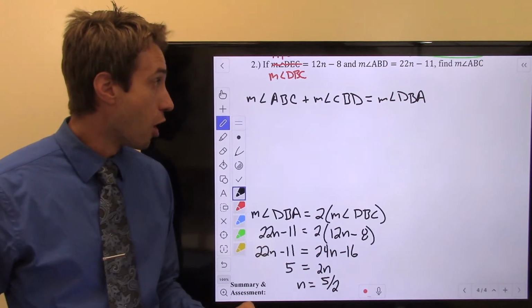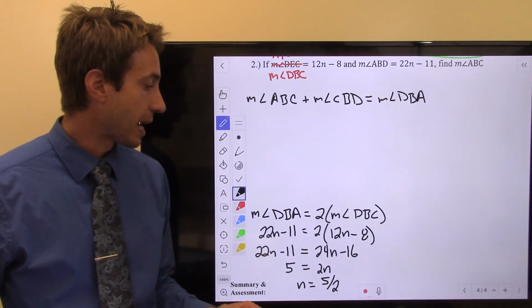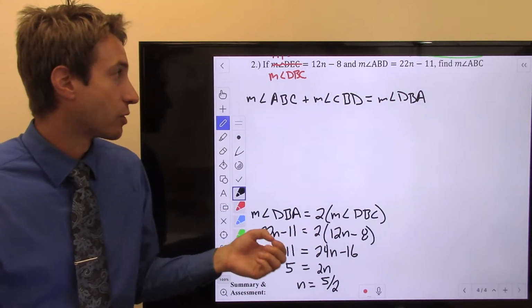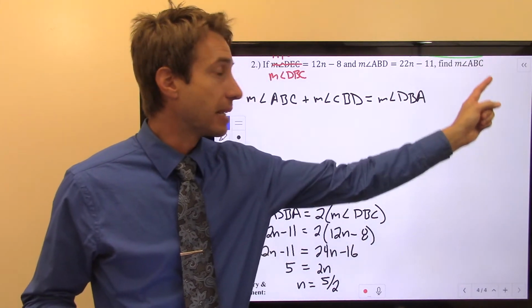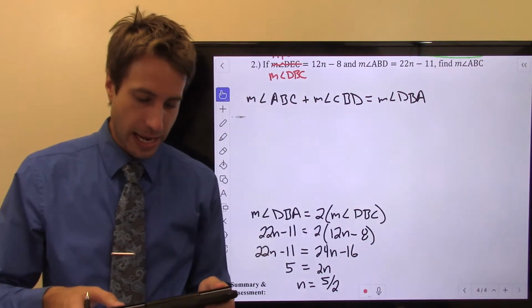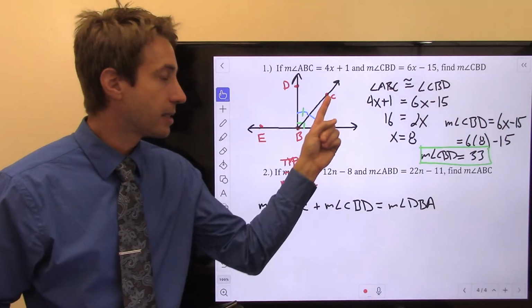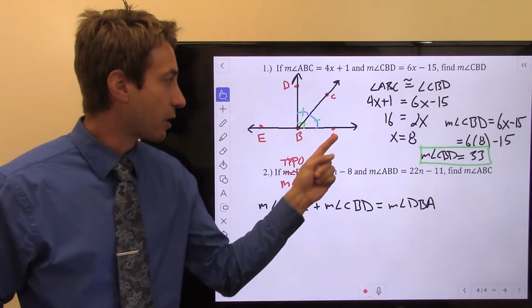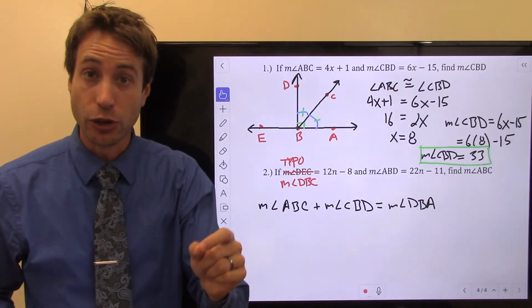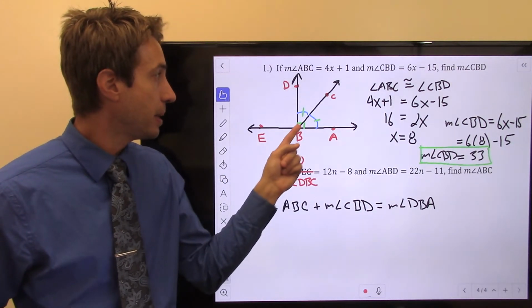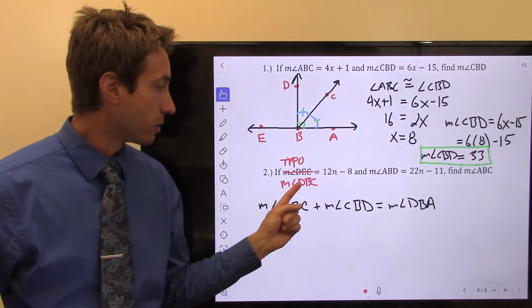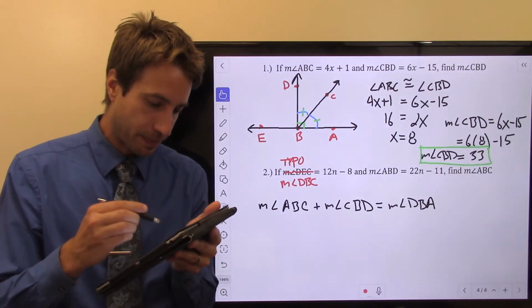Now that I know what n is, well, let's answer our question. A, B, C. Well, come back up to our diagram, right? Take a look at this. I want to find A, B, C. Well, I know that the angle ABC is congruent to DBC, which I already know. So here's what we've got.